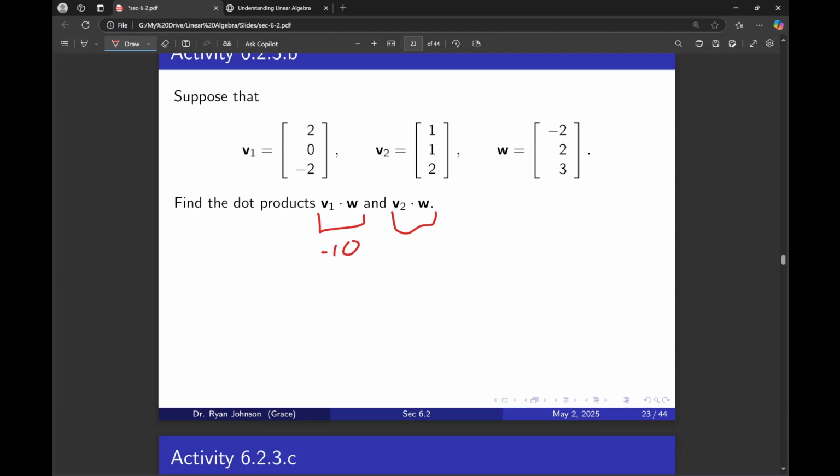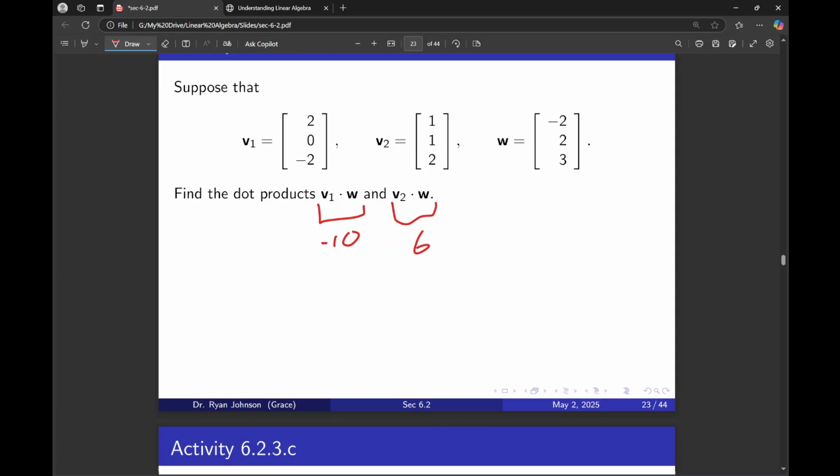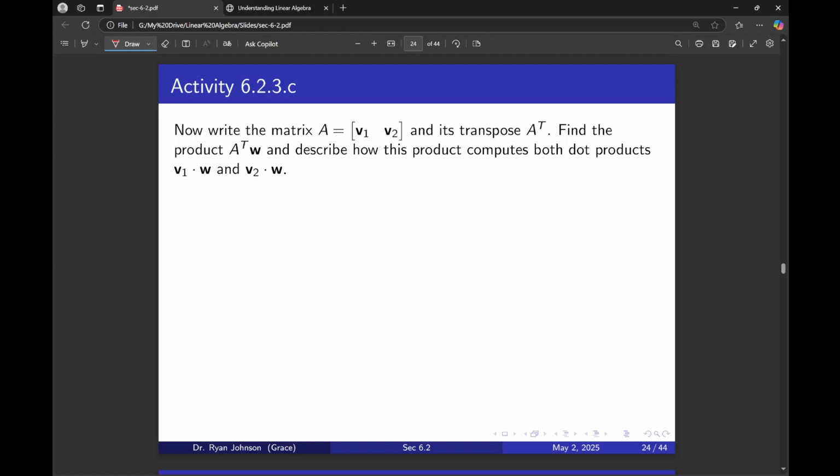Someone else, what did you get for the dot product of V2 and W? 6. Okay. Now write the matrix A as columns V1, V2, and the transpose A transpose. And then do A transpose W.